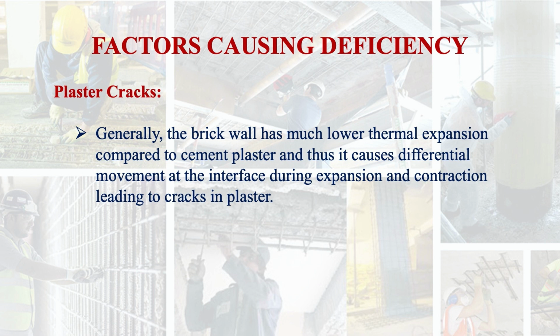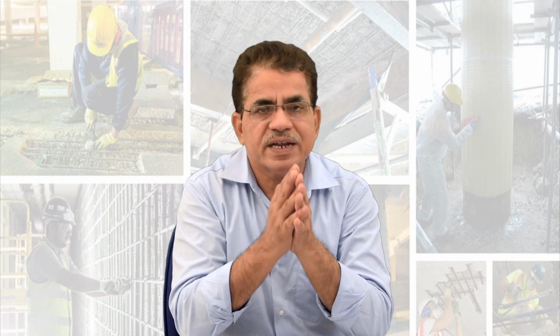Generally, the brick wall has much lower thermal expansion compared to cement plaster, and thus it causes differential movement at the interface during expansion and contraction, leading to the cracks in the plaster. This is the main reason of the cracks in the plaster.